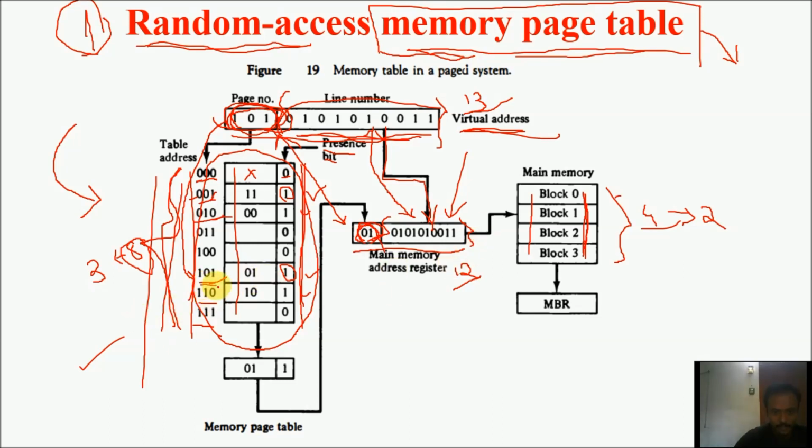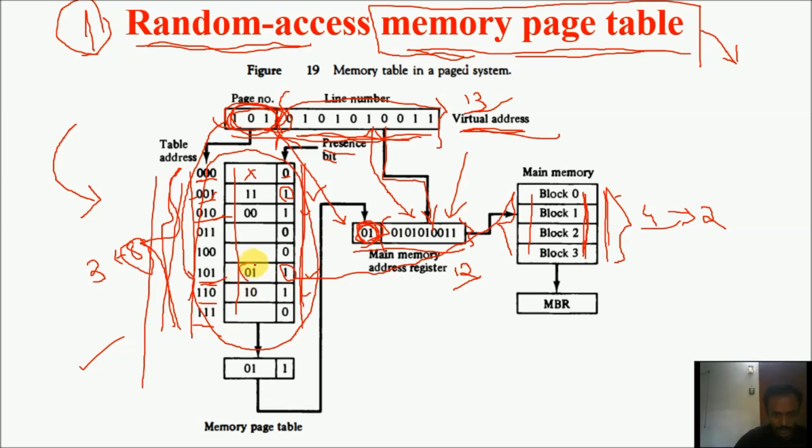But in which block is this 6th page present? There are only 4 blocks, so this 6th page can be present in any of these blocks, but in which block this page is presently present will be found through this mapping technique.